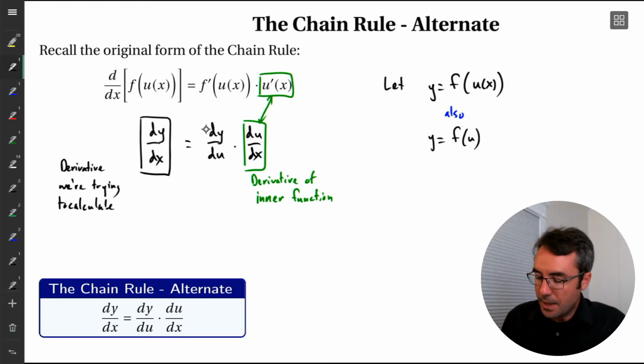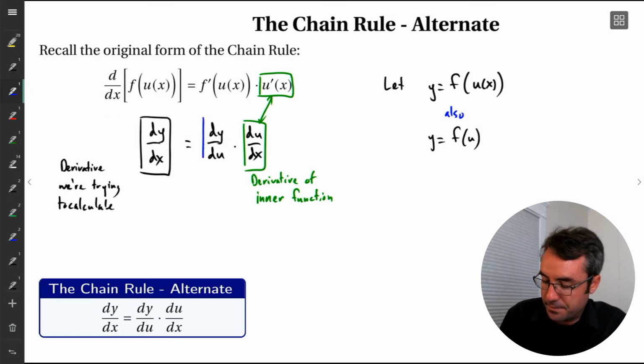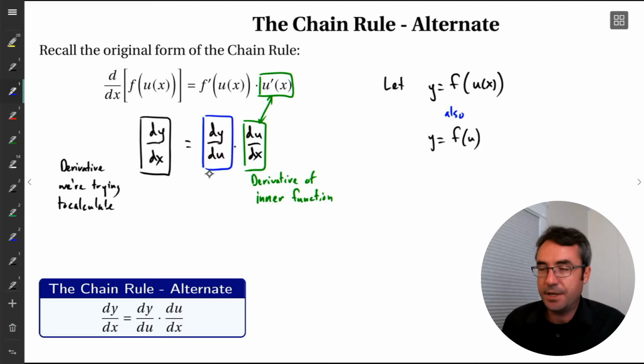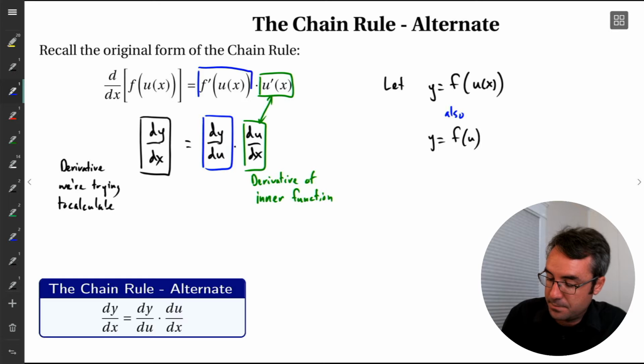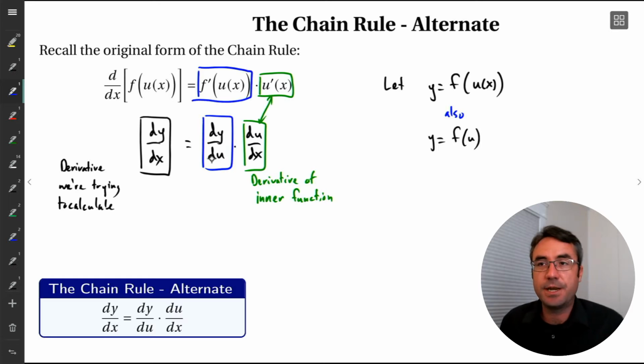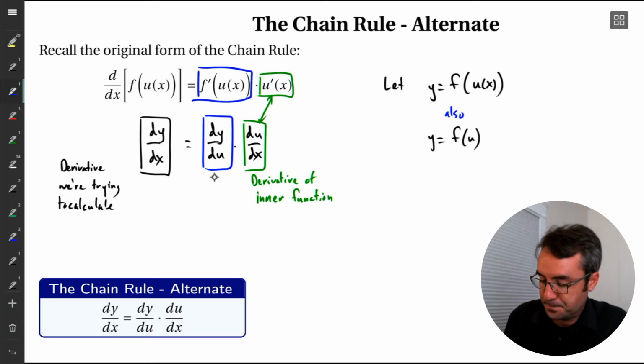And that's what we're capturing here. This is the derivative of just that outer function, and we're differentiating with respect to u.